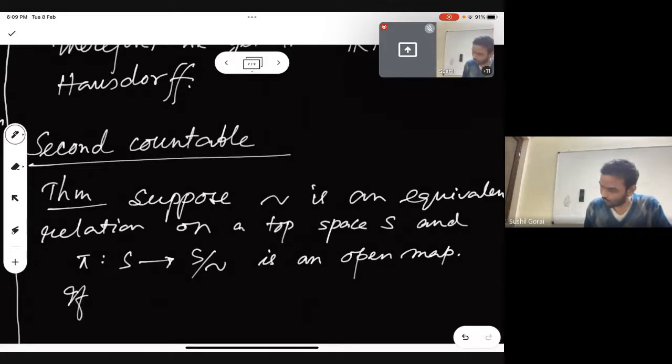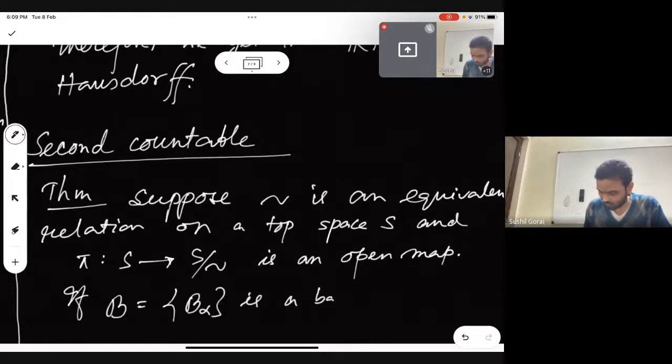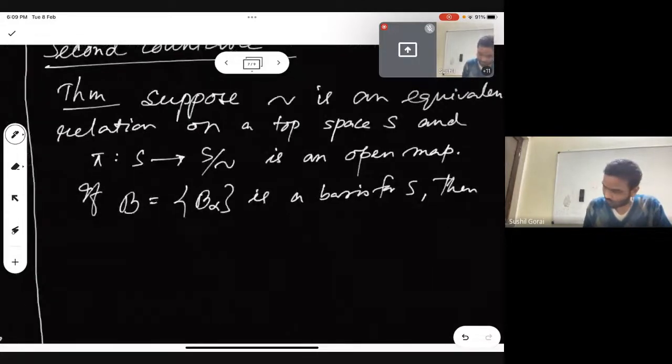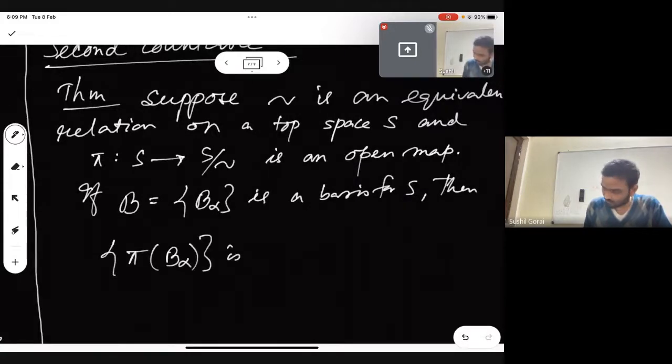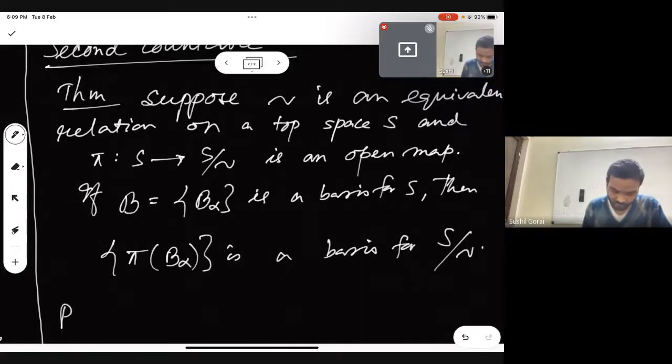If B alpha is a basis for S, then the set pi of B alpha is a basis for S quotient. So the proof is an exercise.